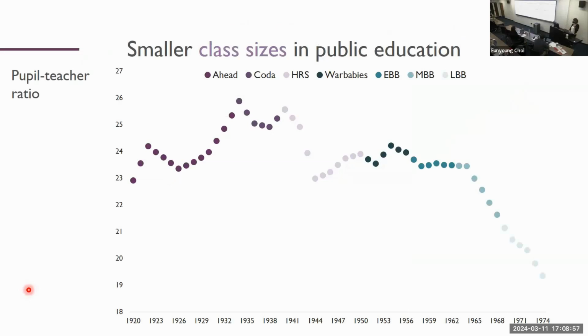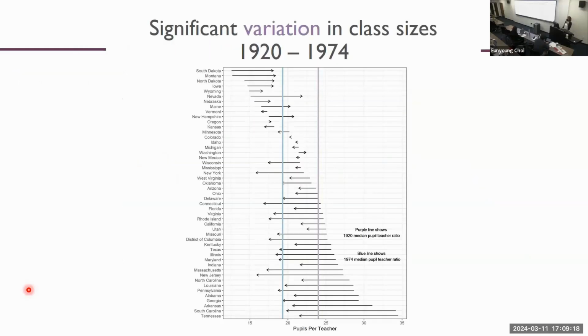All right, and then this is the pupil-teacher ratio. And here you see declines over time. There's some bouncing around that happens during the war years, and then towards the 50s, you start seeing a little more of a decline that then falls in the 60s and 70s to smaller class sizes. Here it's a harder story to tell.